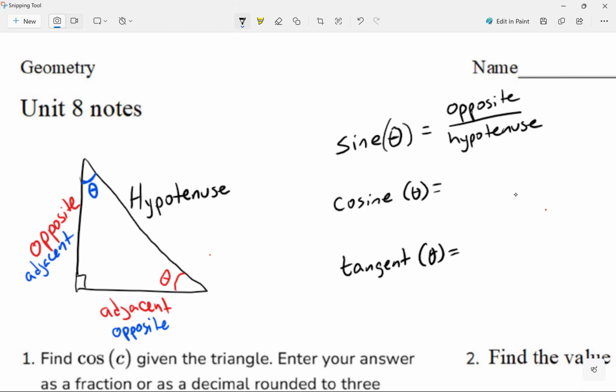Cosine, we're going to go adjacent over hypotenuse. And tangent, we're going to go opposite over adjacent.